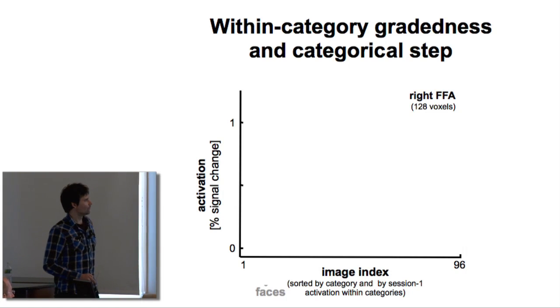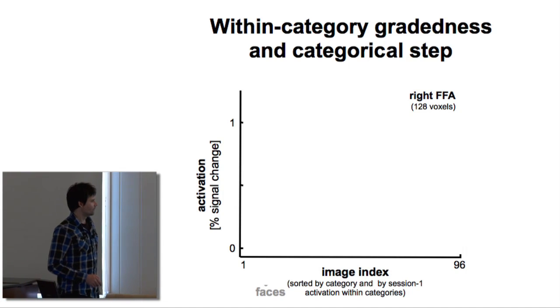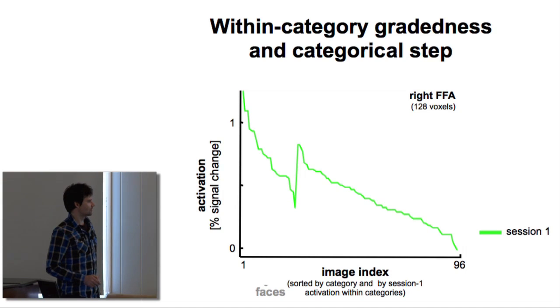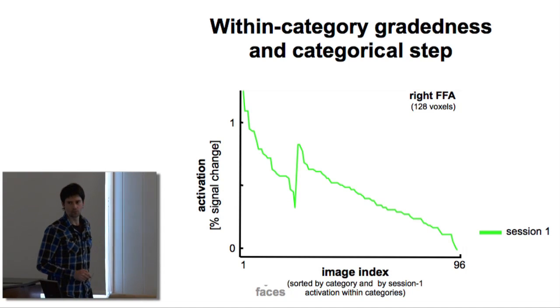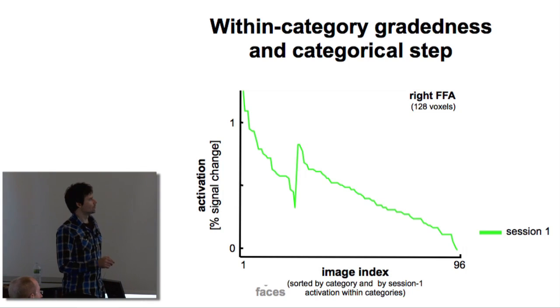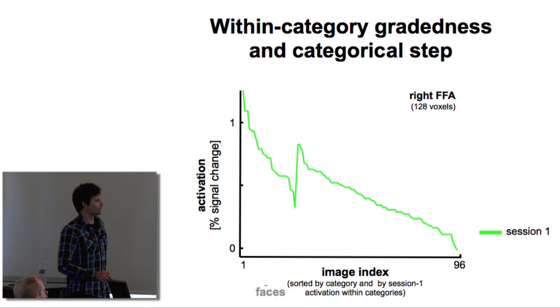So here for right FFA again, we have all the faces here, and within the faces they're ordered by the activation, and within the non-faces they're also ordered by the activation. When we do this for session 1, this is what it looks like. Monotonically falling in both of these categories by definition, right? And here there's a step up.